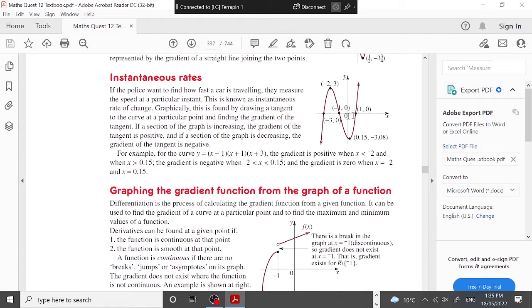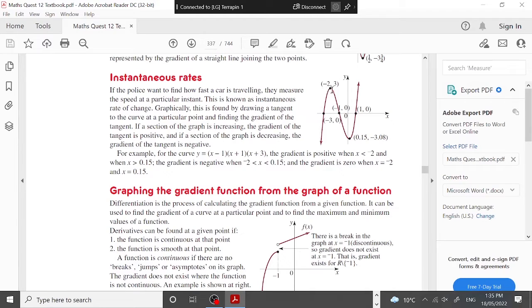As we're looking at this, going from left to right, picking a couple of points that are close together on this curve, at this section here, we know it has a positive gradient. I mean, it's almost a straight line. So we can see that it's a positive gradient going up.